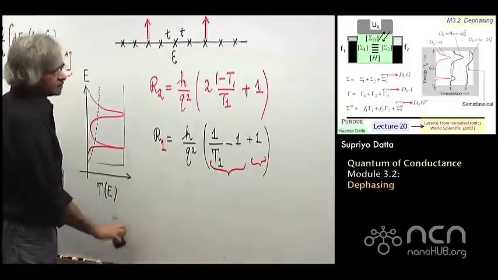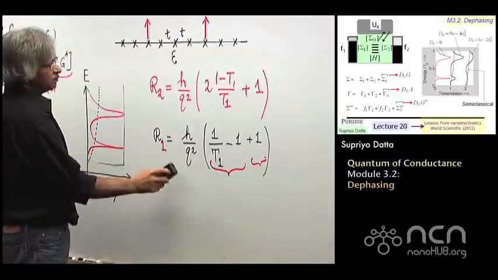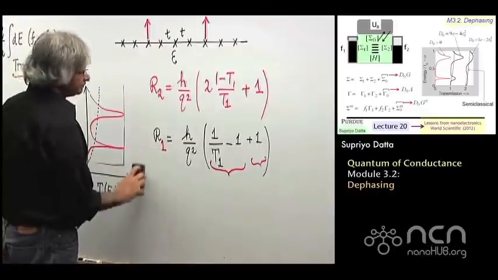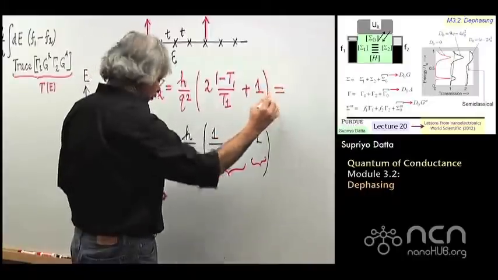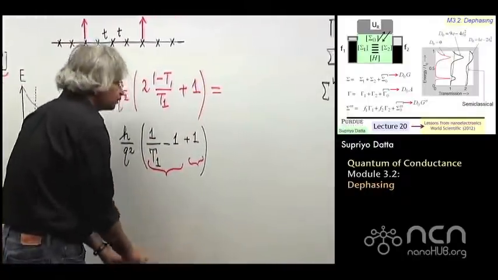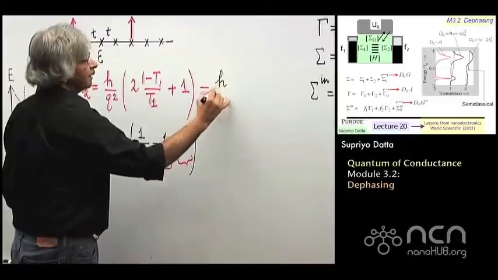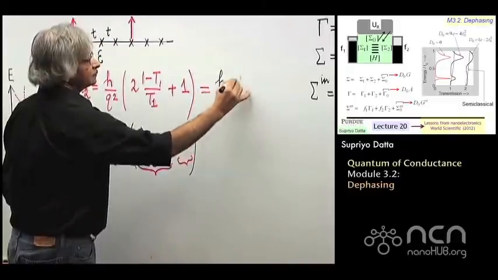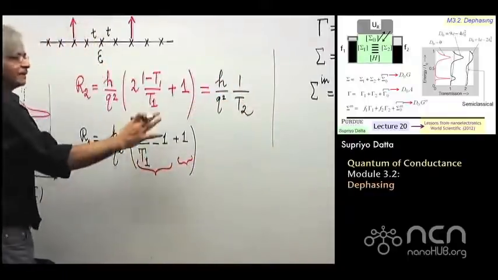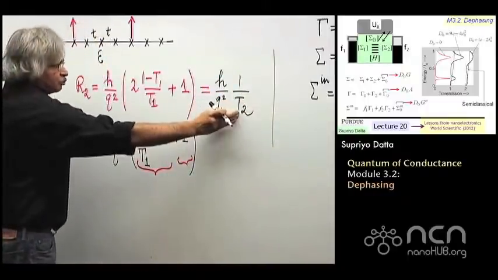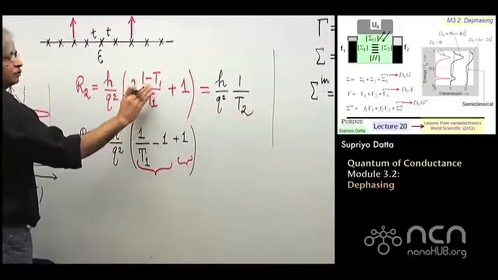From this, you could deduce what T2 should be, because R2 should be related to the transmission through two scatterers by the relation. And that tells you what the transmission of two scatterers is compared to one scatterer.